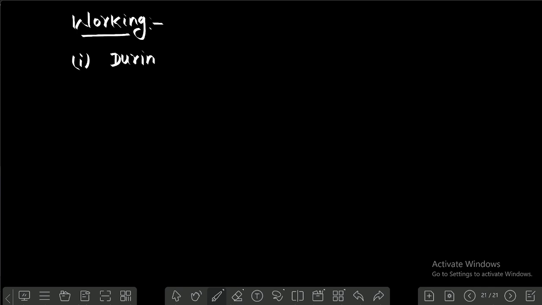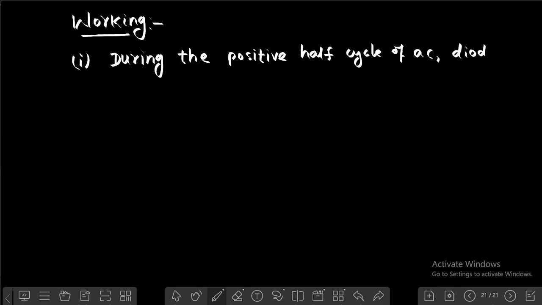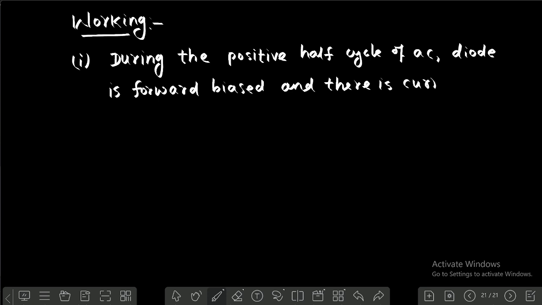During the positive half cycle of the AC, diode D is forward biased, and there is current through the load RL.